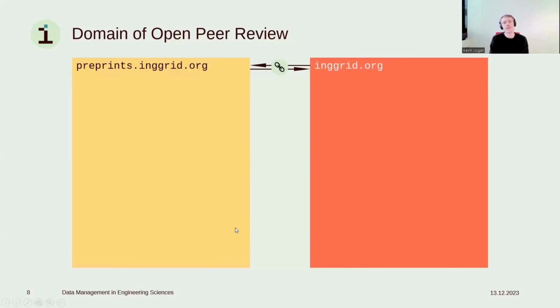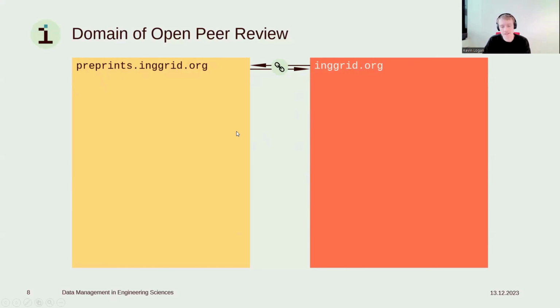Okay, so looking at something that often comes up, which causes a bit of confusion but is actually not that difficult to understand: we have a journal webpage which publishes peer-reviewed articles like any journal. You can find it under ing.grid.org, and we also have our preprint platform, preprints.ing.grid.org, and you can jump from one to the other, so you can find the links there.